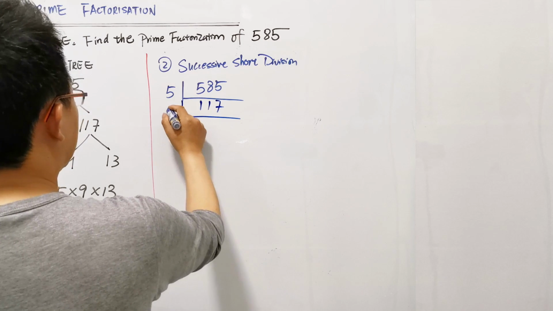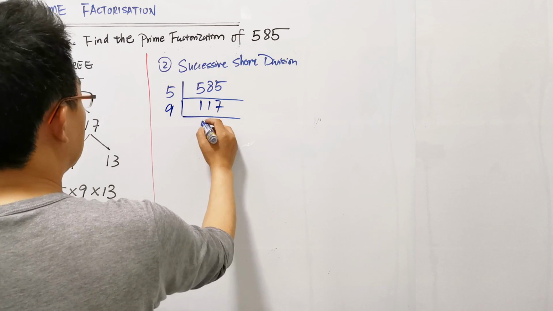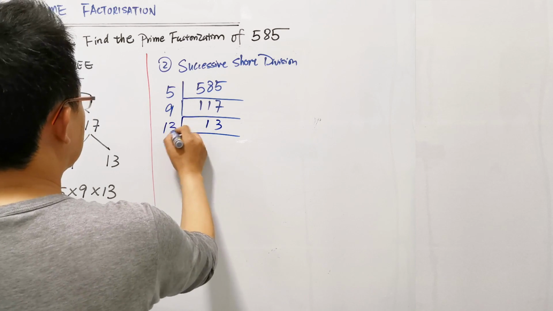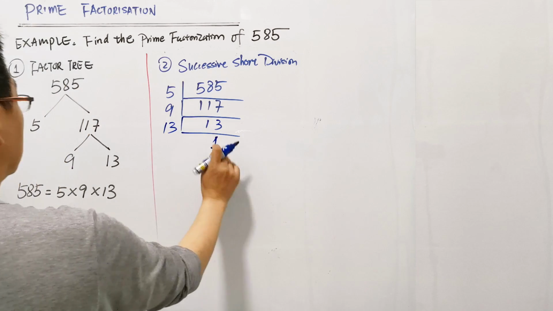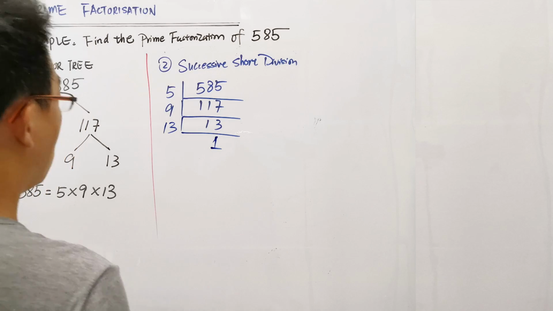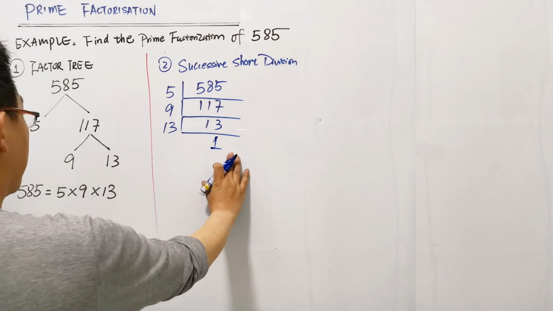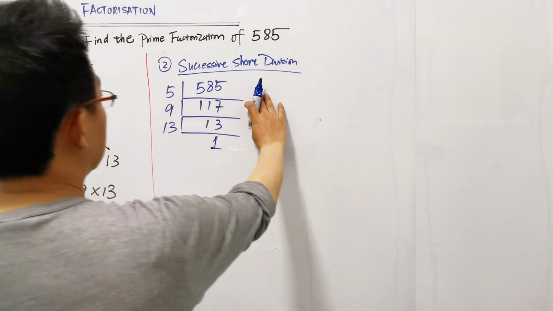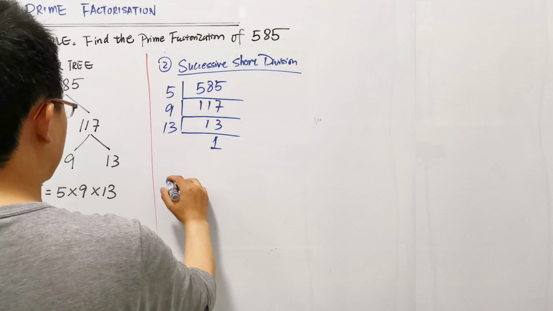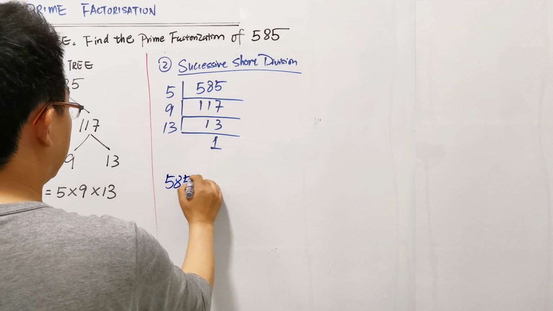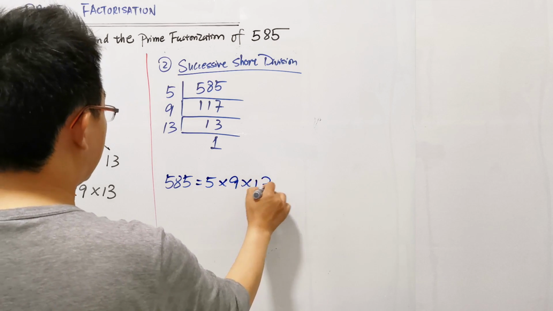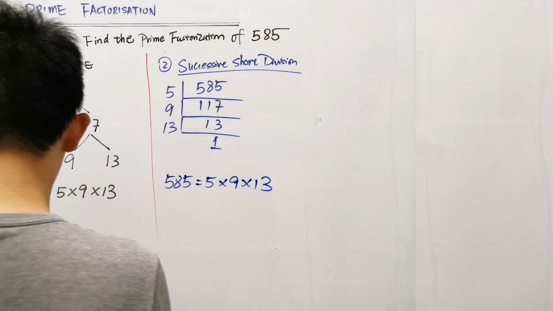So can we try 9? It's the same thing, right? So first one 1, then 2 and 3. Of course we can use this one, then we get 1. So the quotient is always 1. So this is called successive short division. So we can get the same value, 585 equals 5 times 9 times 13, right? Okay, we get the same result.